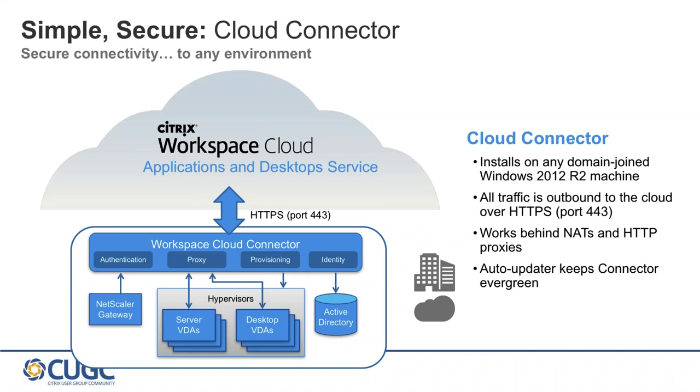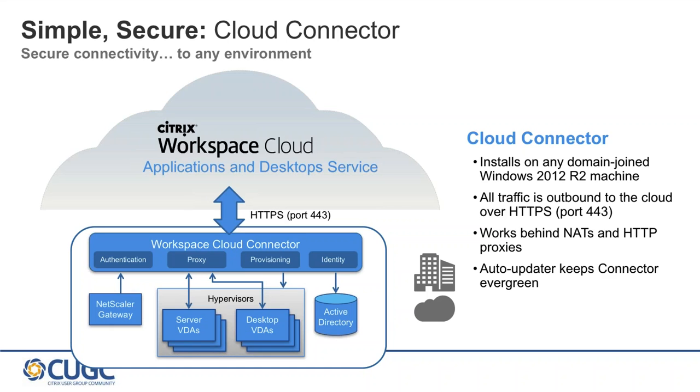Okay, so that's for the control plane. And obviously for my resource area where I'm going to actually make my VDAs available from, that's all within my control, right? I pick the zones that I have set up for my company and integrate it with the controller, and that's how we end up in the appropriate zone or data center if we're integrating with Workspace Cloud. Correct. So that could be your current on-prem deployment.